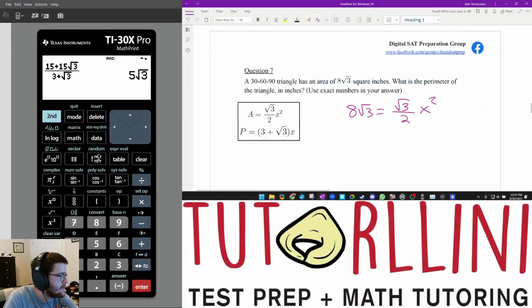Let's see what that turns out to be. So 8 root 3. You could also multiply by the reciprocal, multiply by 2 over root 3, whatever is easier for you. And let's see, we get, oh, that works out nicely. We get 16.